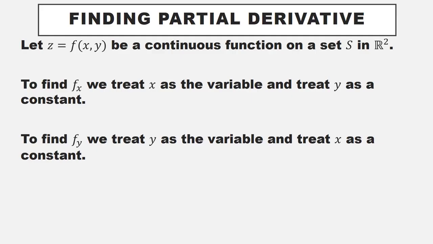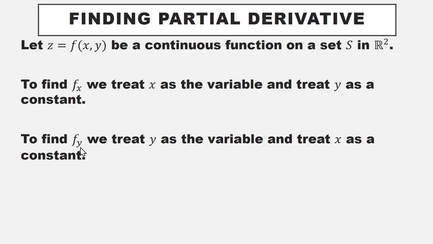So that's the key. If you can think that way, then finding partial derivatives is no more difficult than finding derivatives of single variable functions. In fact, that's what we're really doing. We're saying, let's pretend f is a single variable function in x. We treat the x as the variable, everything else is just a constant.